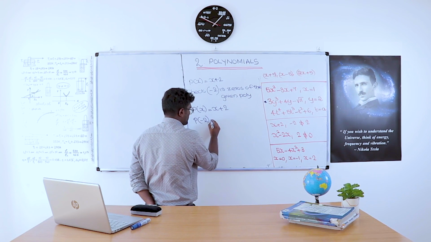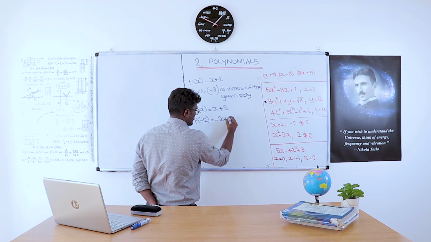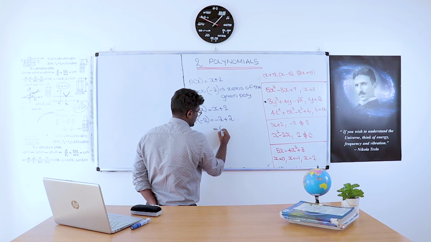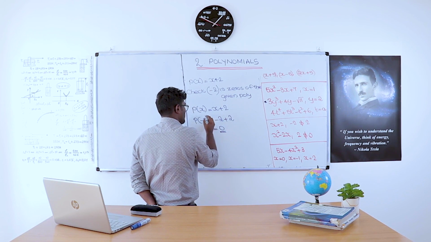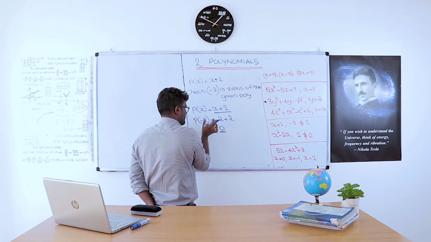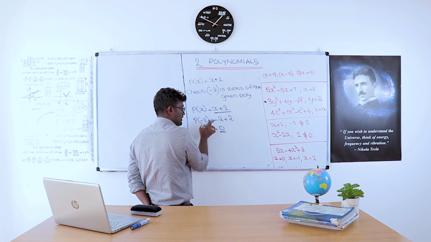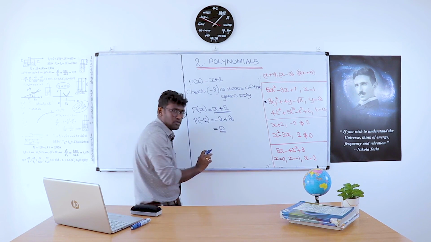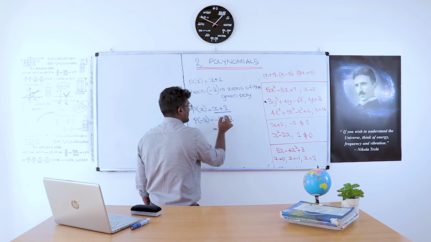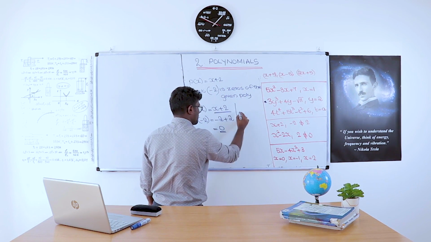P of minus 2 equals, in place of x we will give minus 2, plus 2. Minus 2 plus 2 is 0. That means when we give the value of minus 2 in place of x, the polynomial tends to 0. That means this is a zero of the polynomial. So minus 2 is a zero of the polynomial.